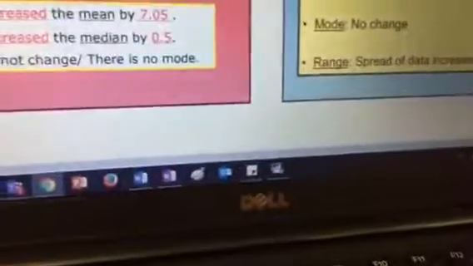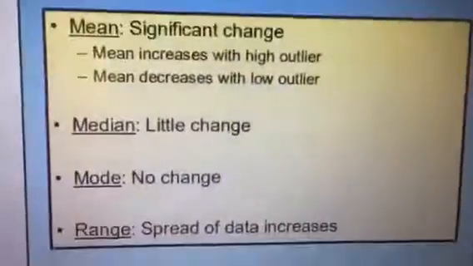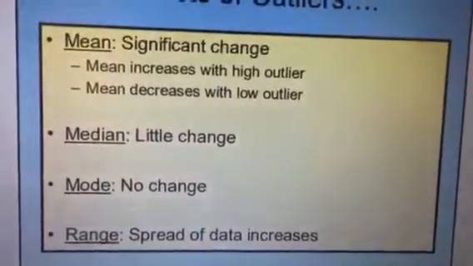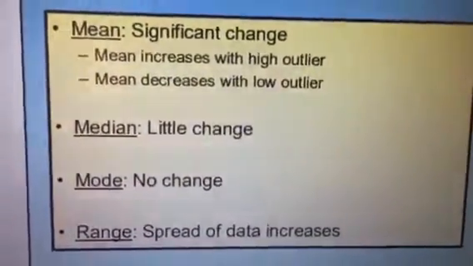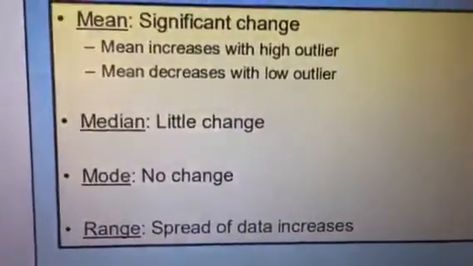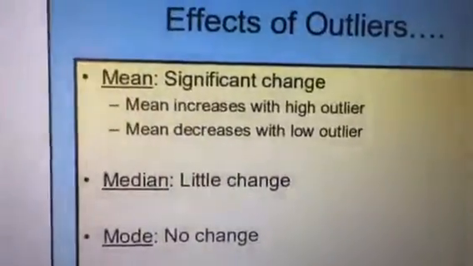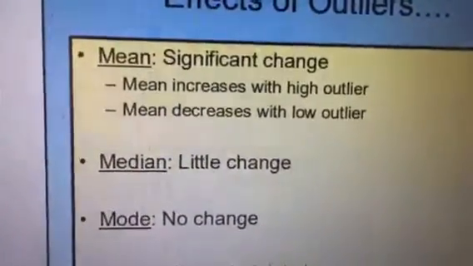That's the purpose of it, and here's some little clues over here. Okay, the mean has a significant change, the median has a little change, the mode has no change. Don't worry about the range. Okay, mean had a massive change, median little change, mode no change. And that's the point of this question, is to analyse the impact that the outlier has in this situation of 10 houses.